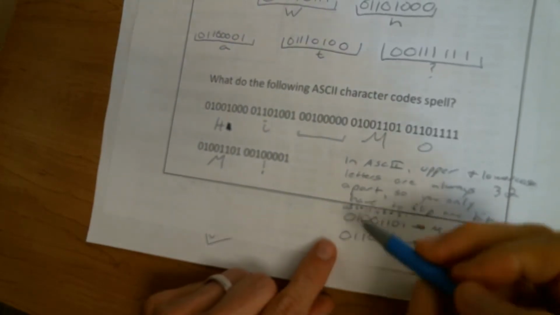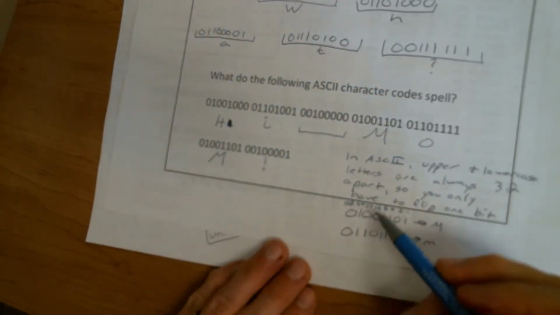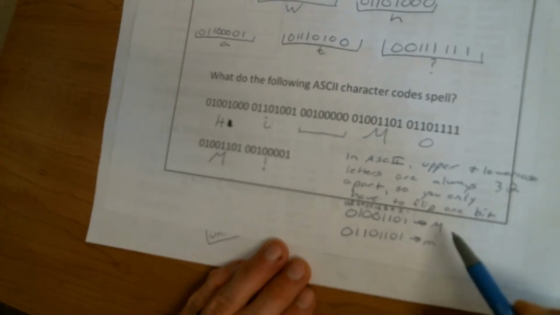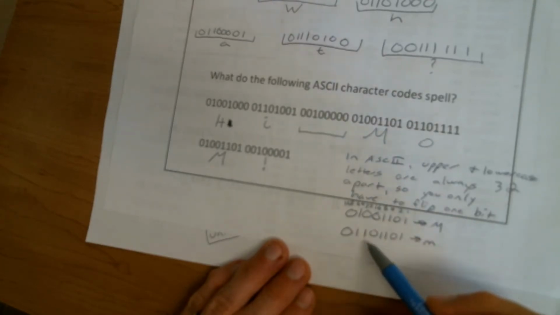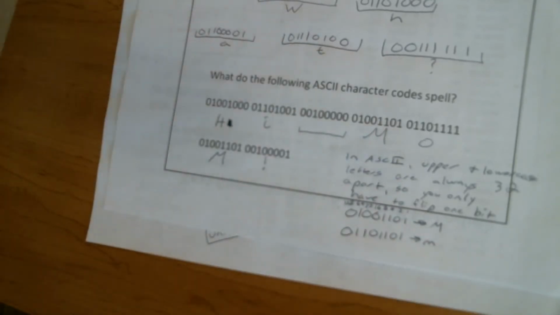So that was done, obviously purposefully, to make it really easy for computers to go between upper and lower cases. They made them 32 apart so that you would just have to flip a single bit. It's this kind of thing that's interesting. You start to learn more about computers and you see how thought out and how clever everything actually is that's going on inside. So we figured out that we could represent text with numbers.